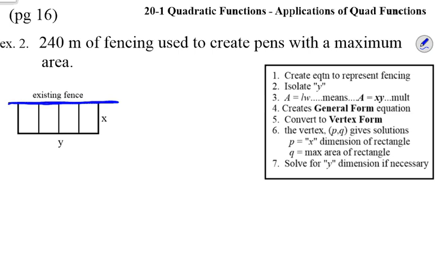So the 240 meters of fencing, this is what's taking the fencing. They're putting it up against something that's already there, so we don't have to worry about that in our 240 meters. That'll be important in that first step of creating the equation to represent fencing. Pause the video, give it a try, and then we'll do it together.